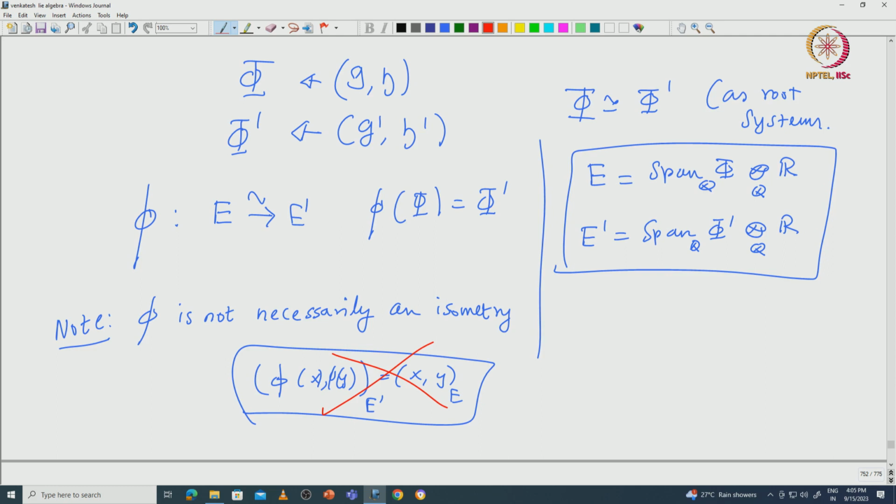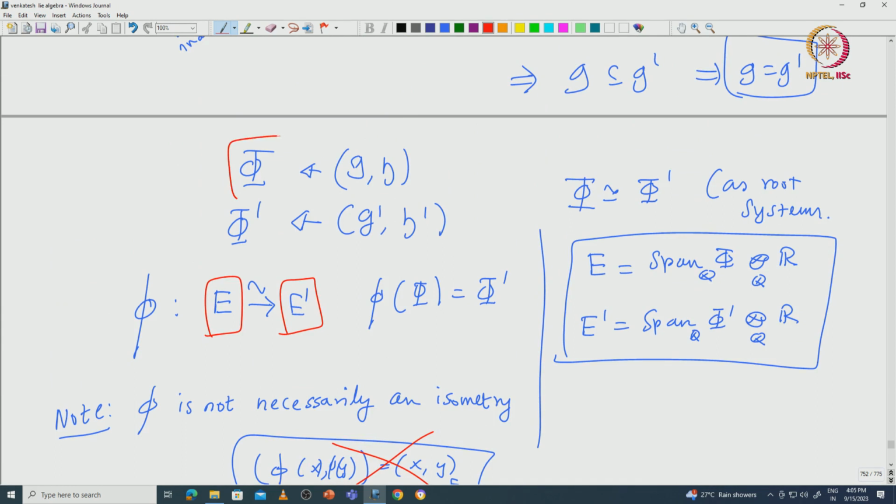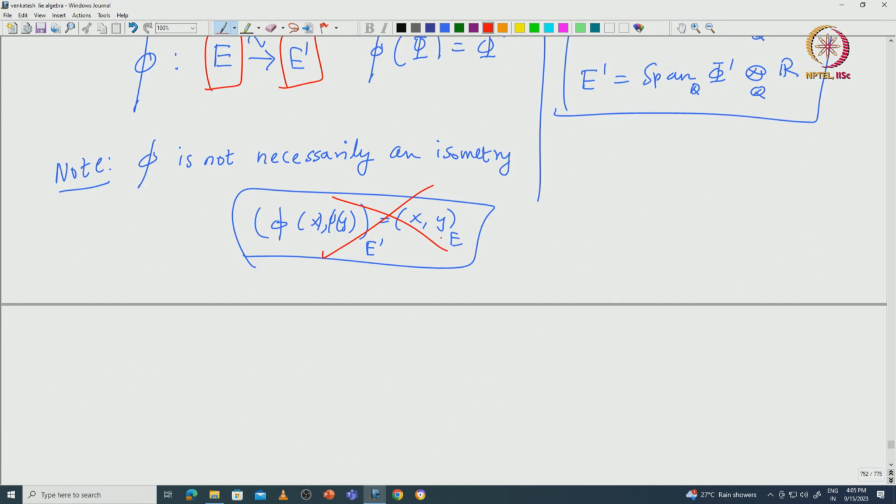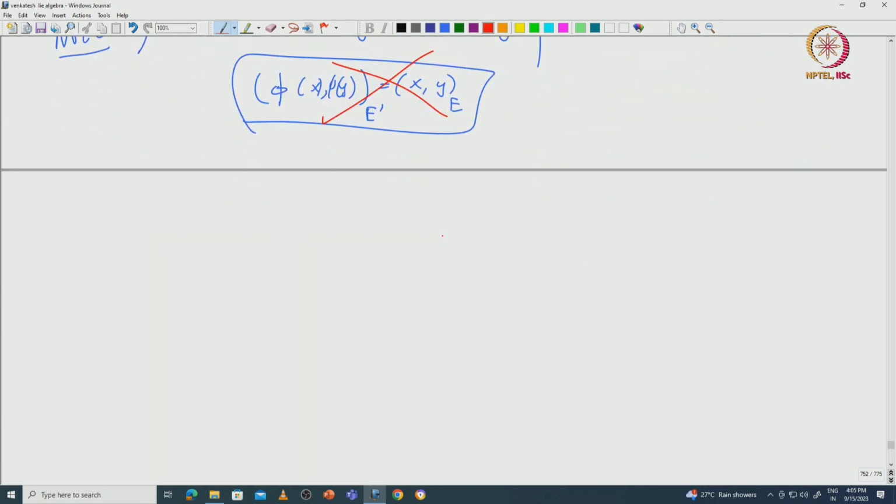So, replacing the inner product on E or E dash by some positive multiple is not going to change anything about the root systems. But since phi and phi dash both are actually coming from these simple Lie algebras G and G dash, there is a very important observation about the Killing forms of G and G dash.